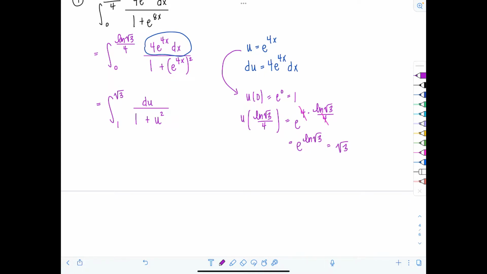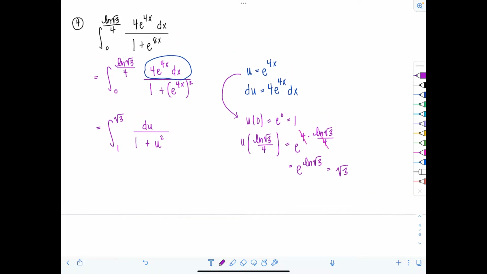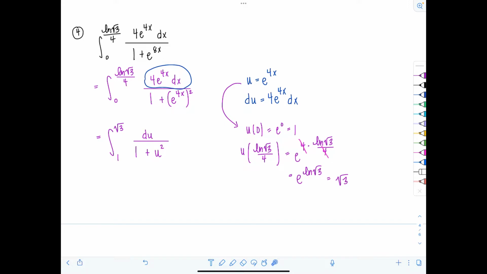Good. This was like Extreme Makeover. Is that show still out there? Look at how our integral has transformed. Nearly unrecognizable. Okay. So at this point, you just have to have memorized some basic derivatives so that you can now know your antiderivatives. The antiderivative of 1 over 1 plus u squared du is going to be tan inverse of u.